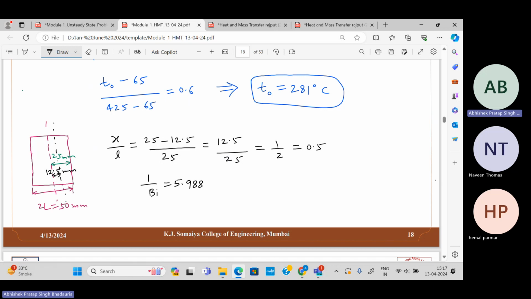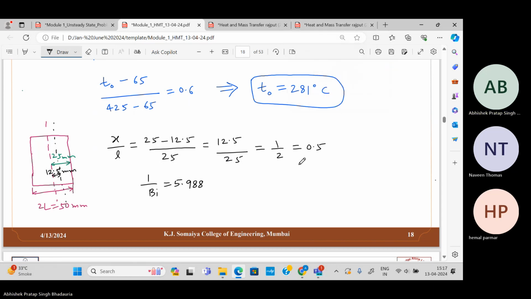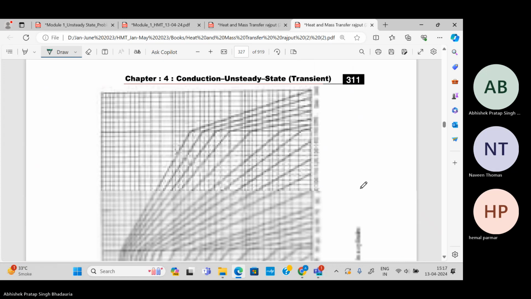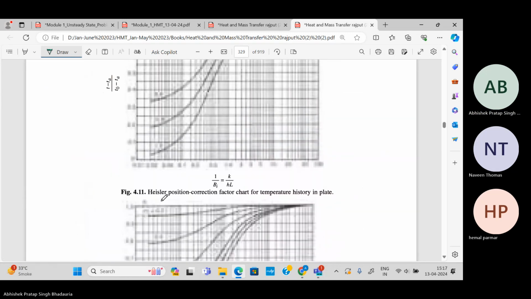Okay, now we will use the correction factor chart of the plate. This is the correction factor chart for the plate.